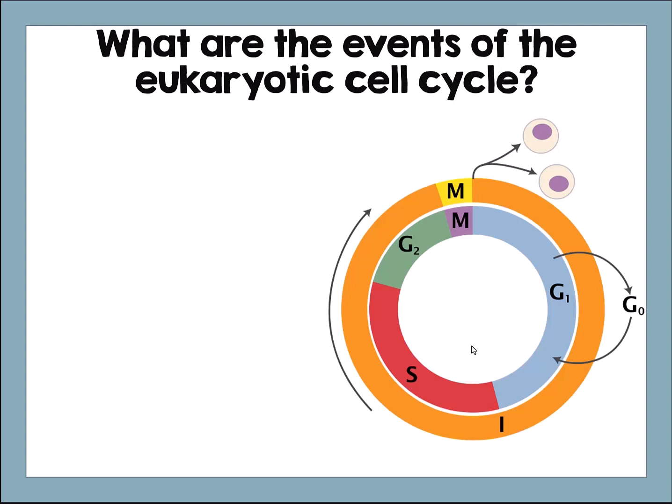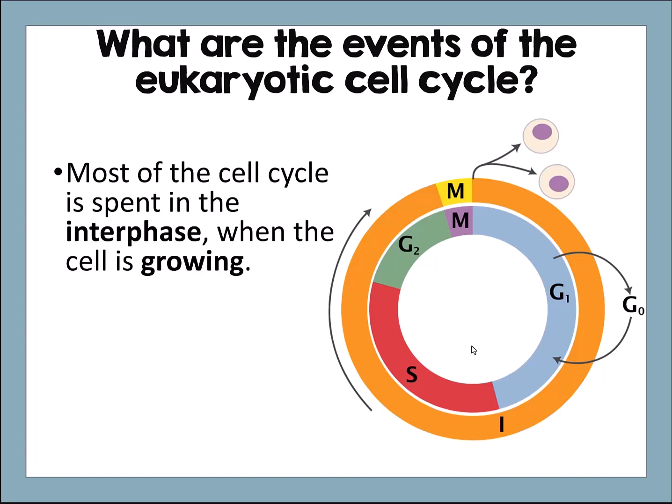In the eukaryotic cell, the process is a little bit more complicated. Most of the cell cycle for a eukaryotic cell is spent in interphase, when the cell is growing. So interphase is represented by this orange section here on our cell cycle diagram. And there is this little outgrowth here called G0, and that would be when the cell is resting and it's not preparing at all for division.